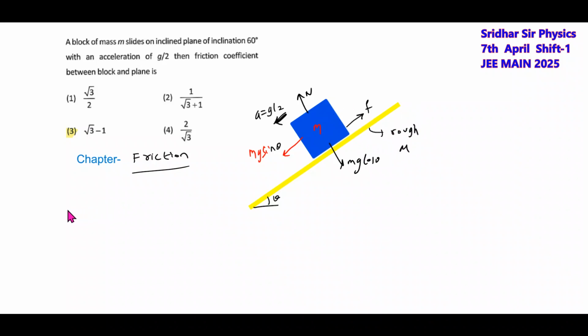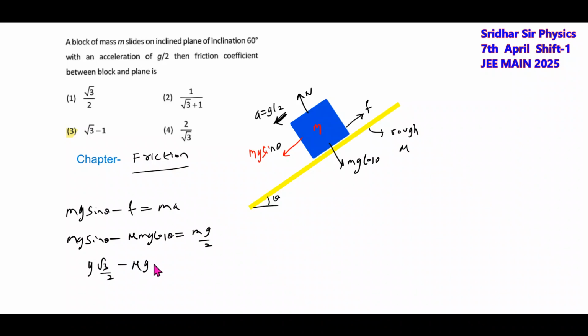Then according to the formula, mg sin theta minus f equal to ma. Acceleration is g by 2. So mg sin theta minus mu mg cos theta equal to mg by 2. m will get cancelled. Theta will be 60 degrees, sin 60 is root 3 by 2.